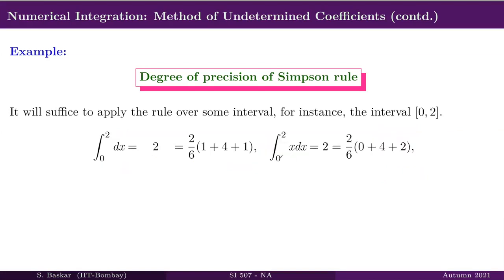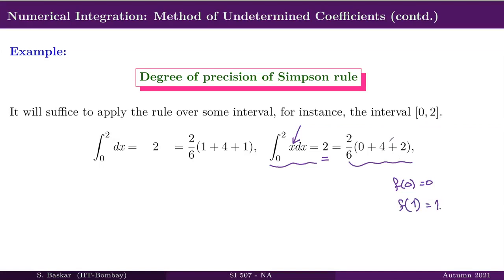That gives you on one side the exact integral to be again 2. Note that I have put f of x equal to x here and did the exact integration that gave me the value 2. On the other hand, I have taken the Simpson's rule and put f of a, that is 0, f of (a plus b) by 2, that is 1.